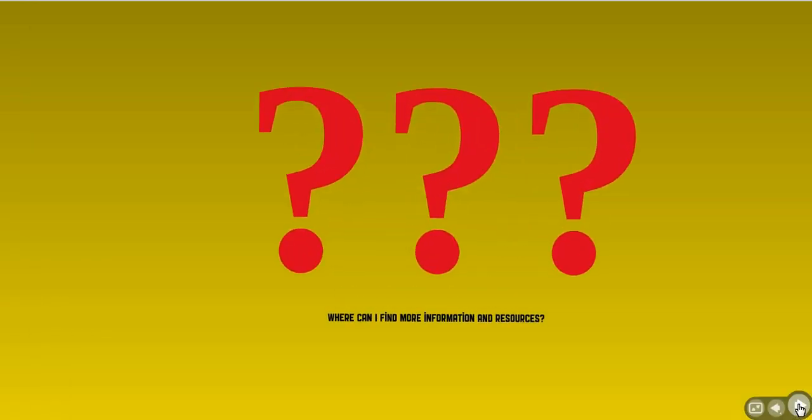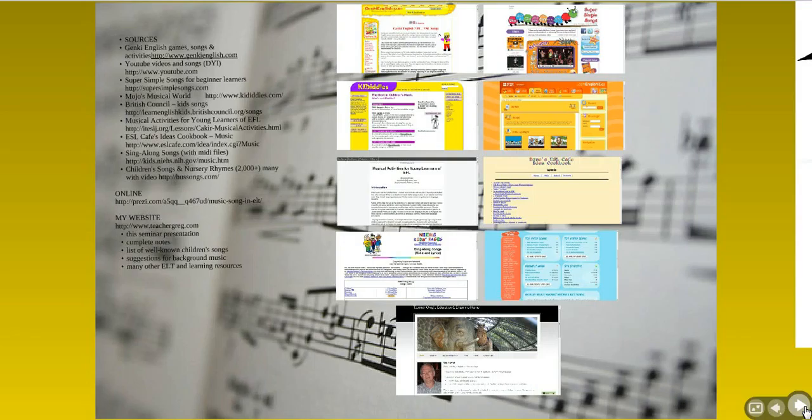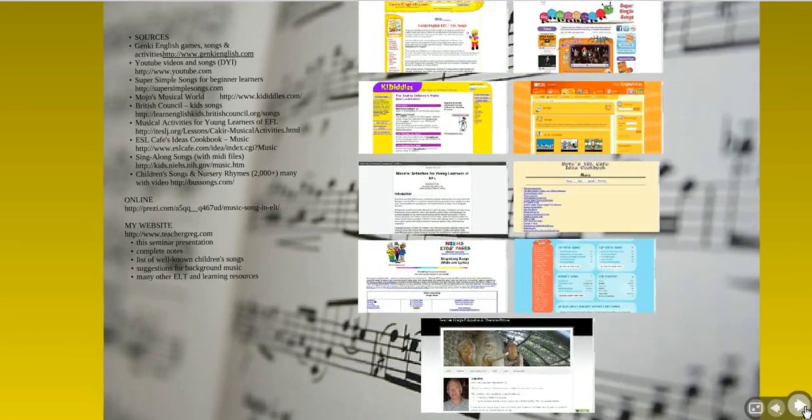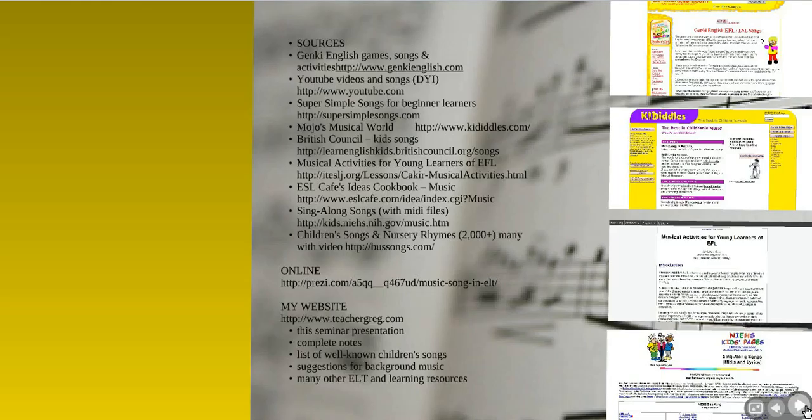While student books and other resources can be helpful, there are many other places you can go to find song material. For example, you could search through YouTube. This is the do-it-yourself method. But there are lots of other sites targeted specifically for children and English language learners.